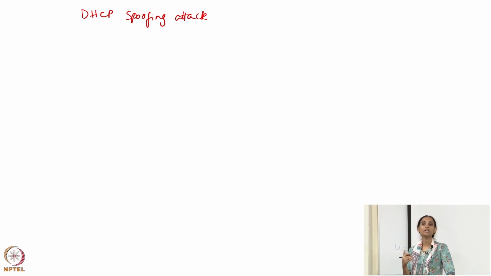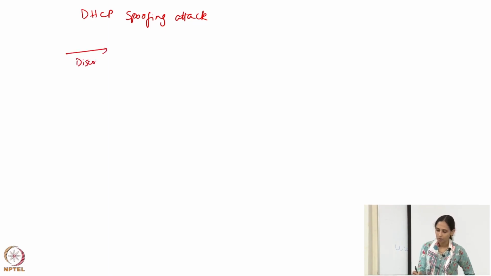Because there is no authentication, you will accept these offers from whatever machine is sending, and that can be quite dangerous. Okay? So, the idea here is that you did a discover, you got an offer. Now, this offer has not come from the official DHCP server, but from Mallory.